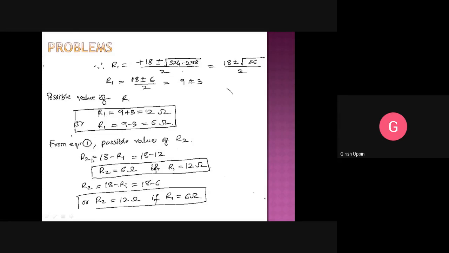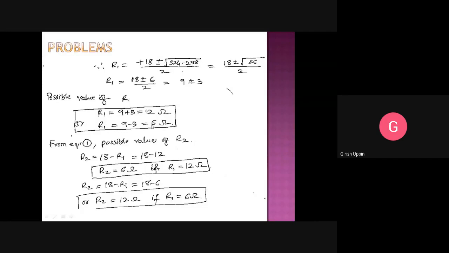If R1 is 12 ohm, R2 will become 6 ohm. So you can write the answer like this: R2 is equal to 6 ohm if R1 is 12 ohm, and R2 is equal to 12 ohm if R1 is 6 ohm. Okay, I hope everybody understood this. So in the final exam, whatever answers you get, you keep on writing. And in one of the previous examples, we got one of the values as negative, isn't it?